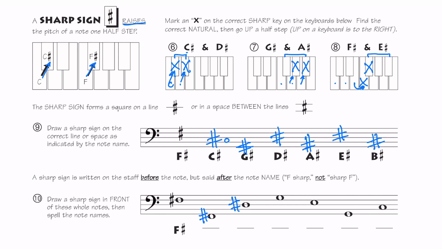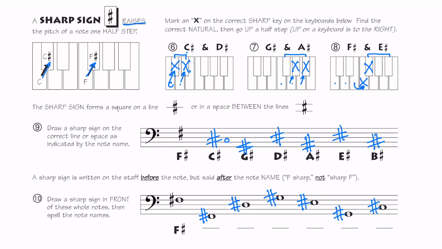So let's make sure that we keep the center of the number sign right in the space or line that the note is on. Okay, keep going, keep going. Here's a G. You don't have to draw them as big as I am, but I like a big old sharp sign. Okay, now let's go back and spell the notes.